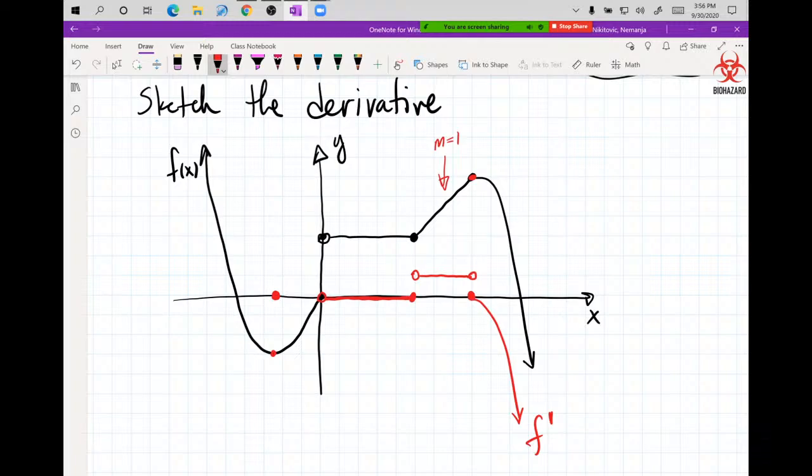Now on the left side, I have two pieces. I have a piece that is decreasing and a piece that is increasing. The decreasing piece has to have a negative derivative, and the increasing piece has to have a positive derivative. Positive derivative means it's going to be above, and now you can ask yourselves, is it going to bend down, or is it just going to go up and stop?